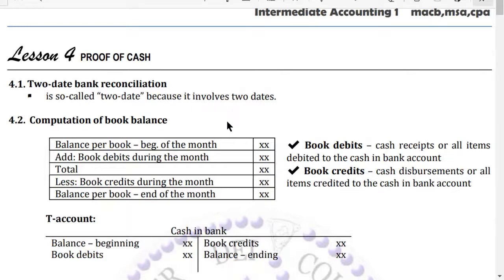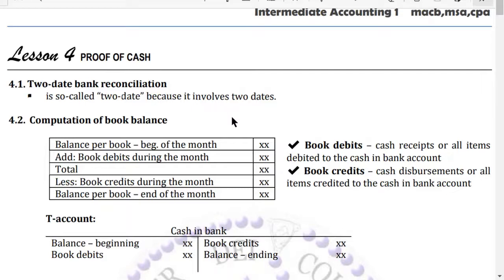And after you add the credit memos and deduct the debit memos, you will get the adjusted cash balance. But this is on the side of the books or on the side of the depositor. However, there are times when some of the important figures to compute the adjusted cash balance are not present in the problem.